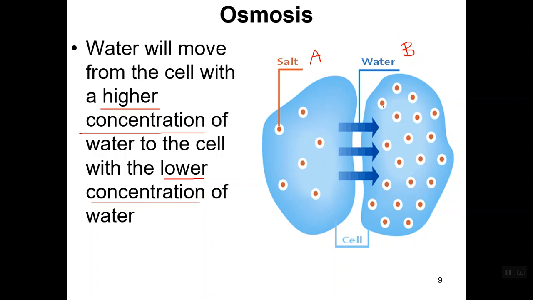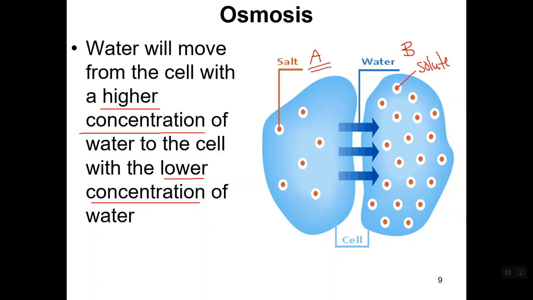Let's start with cell B. Cell B has quite a lot of salts. This is some kind of solute. This could be salt, it could be glucose, it's something in the water, right? And this takes up space. Salt and glucose and amino acids and dissolved particles, they all take up space, which means that's less space that water can take up.